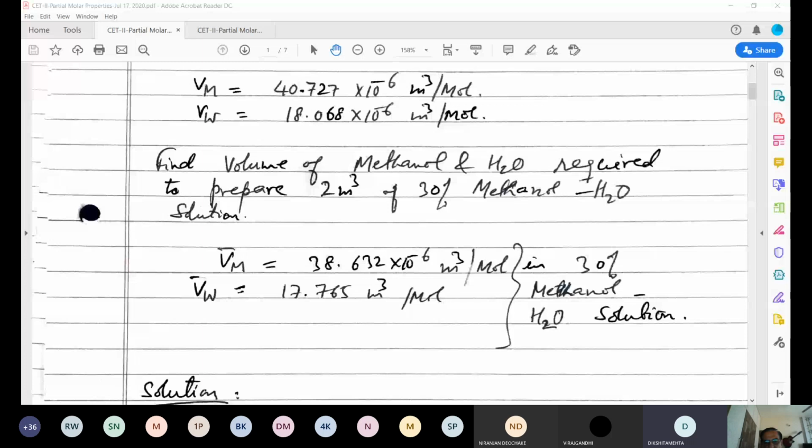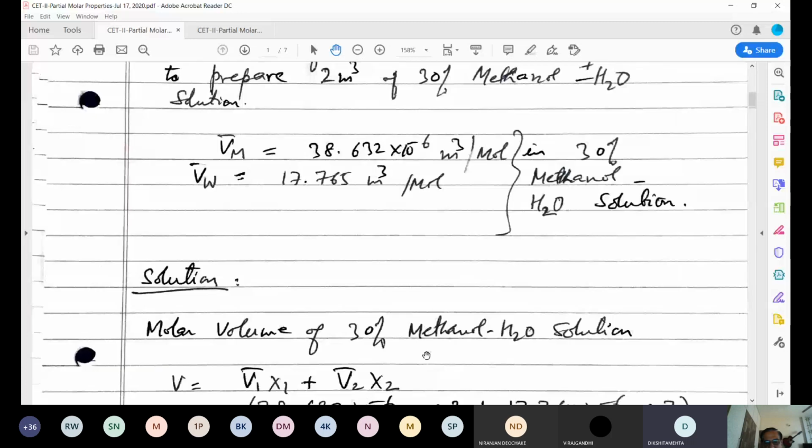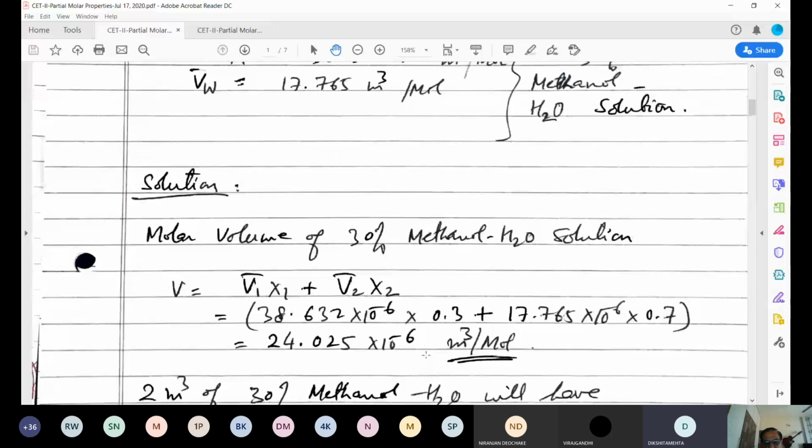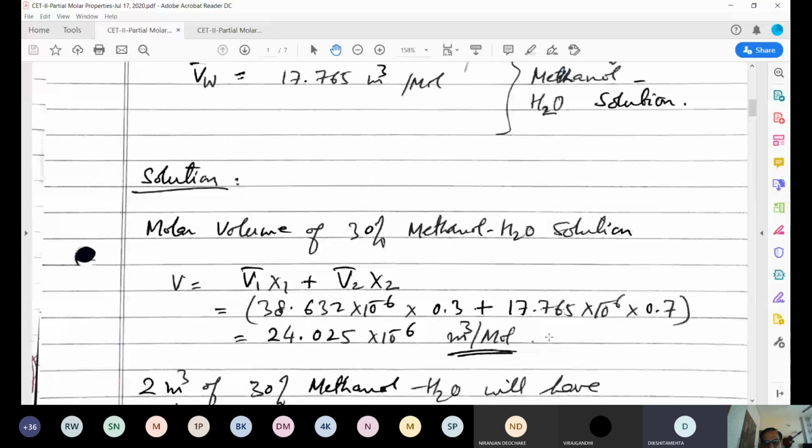Solution ये is 30%. जो हमने V फाइंड किया ना, टोटल वॉल्यूम, मोलर वॉल्यूम, तो वो जो 1 मोल है उसमें 30% मिथेनॉल एंड 70% वाटर वैसे है क्या?